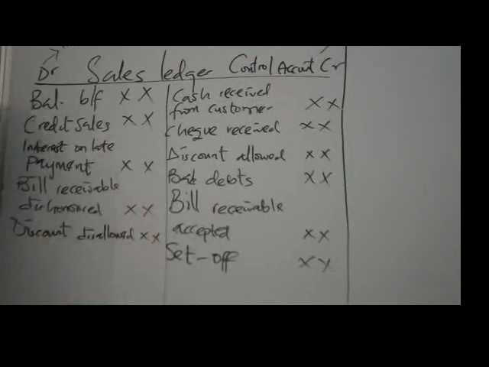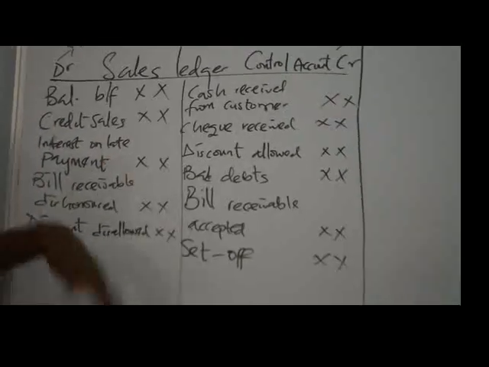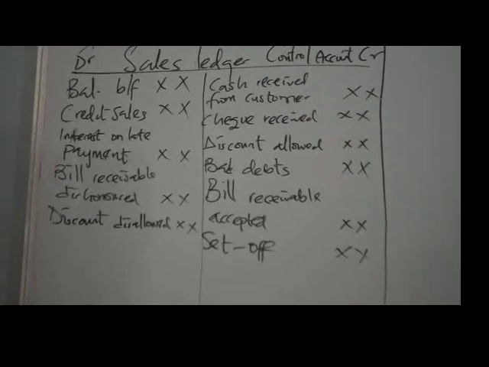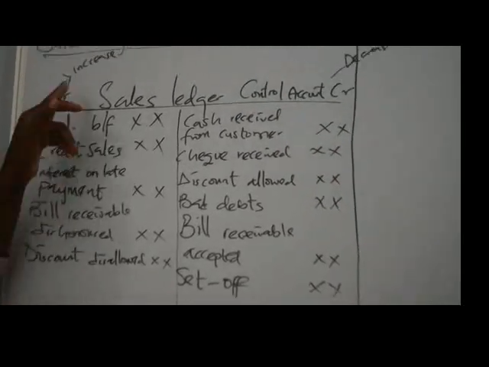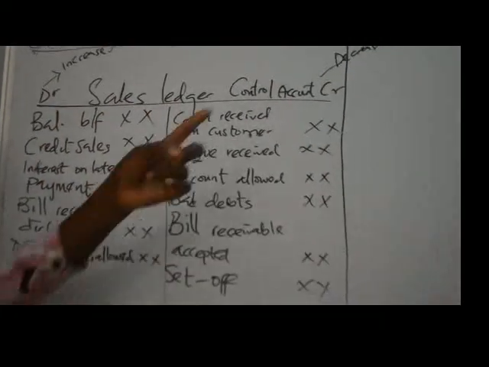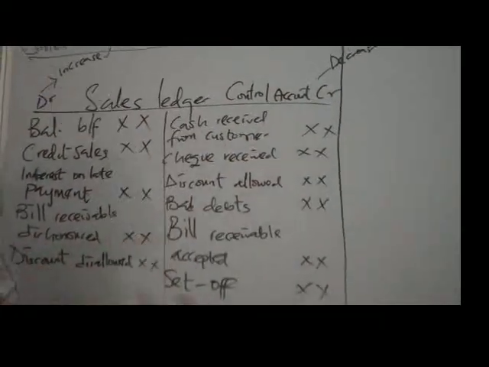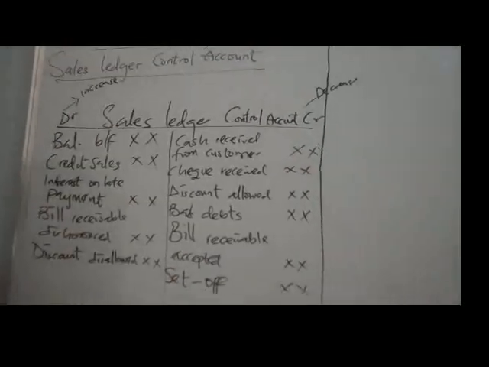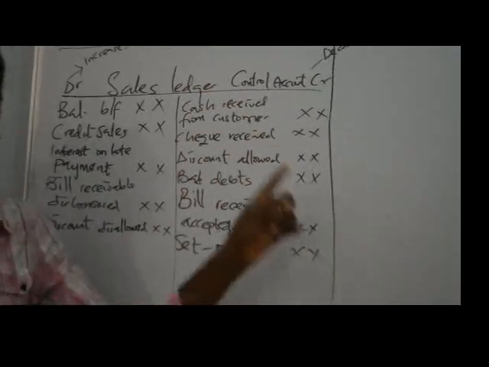There are many other entries that I may not be doing in this video, but you must get the real idea that you are debiting everything that will increase the debt, and crediting everything that will reduce the debt. Every increase in debt you are debiting, and every reduction in debt you are crediting.